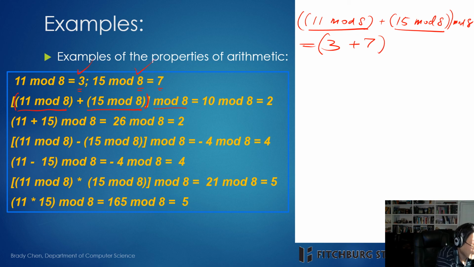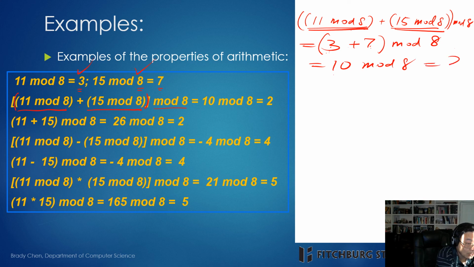So we replace this by 3 and this by 7. So we have 3 plus 7 mod 8, which is 10 mod 8.